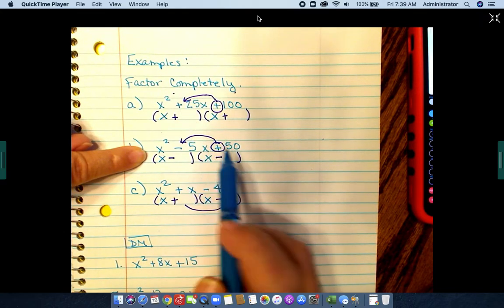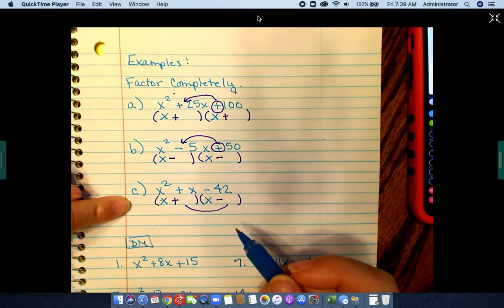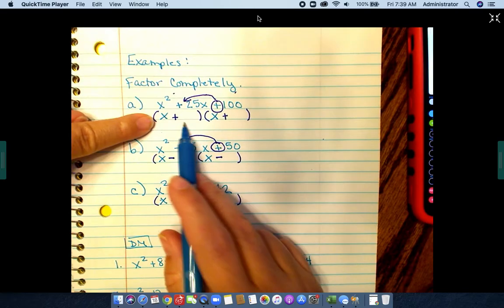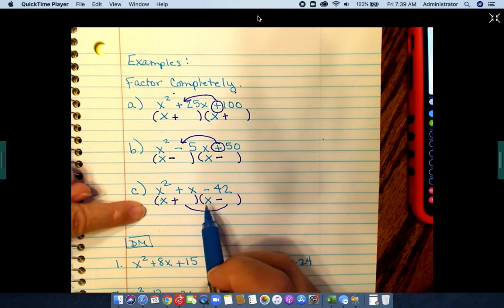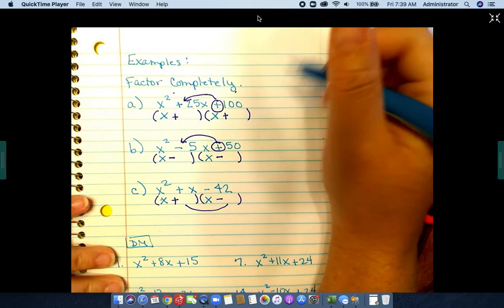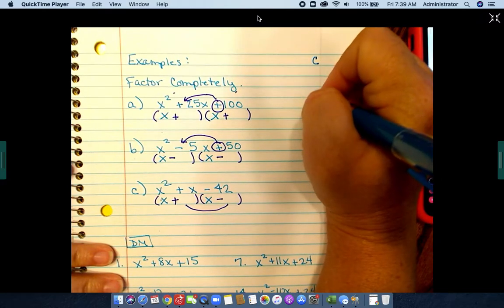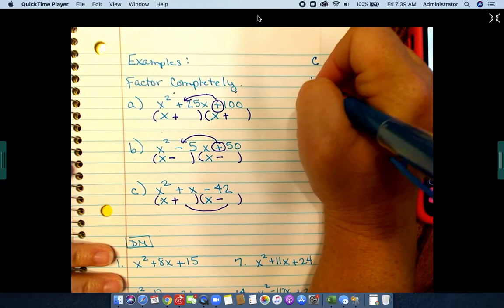If you do that, it shows me that you're establishing a habit of checking to know what your signs are. And then you fill in x and x for your first terms in each binomial factor. So remember your last set of instructions were to find the factors of C that combine to give you B.